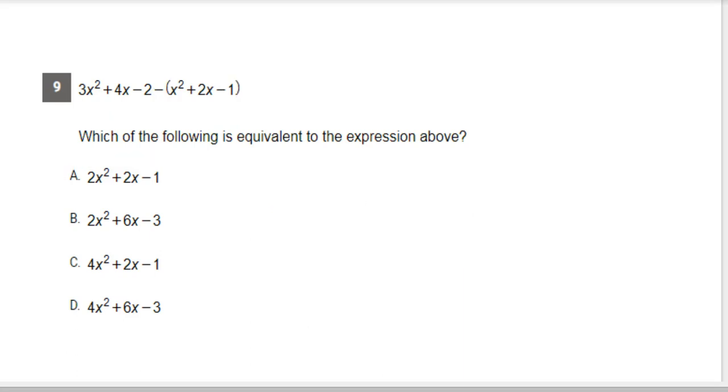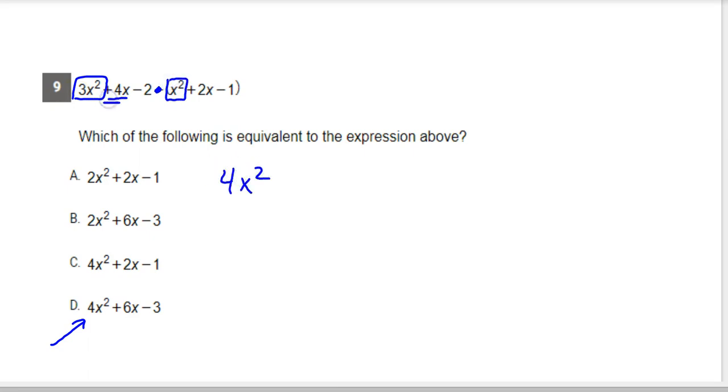I notice a lot of my kids, when they do a problem like this, will pick the wrong answer here. I get a lot of people that pick D. And I wonder, why in the world did they pick D? What they do is they combine like terms and ignore this minus sign. They just ignore that. And then they say, oh, I have 3x squared and x squared, so that's 4x squared.